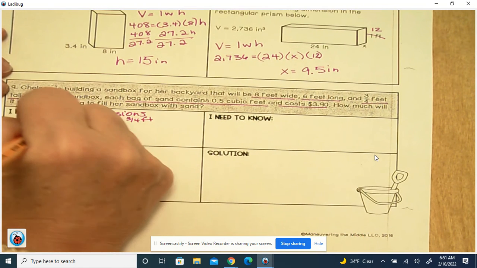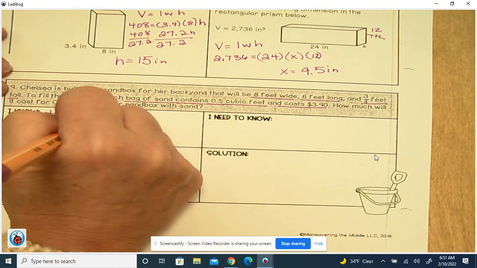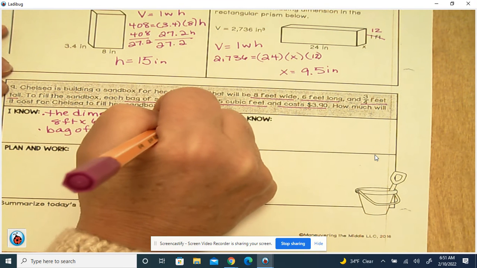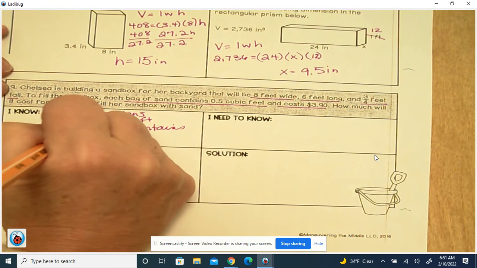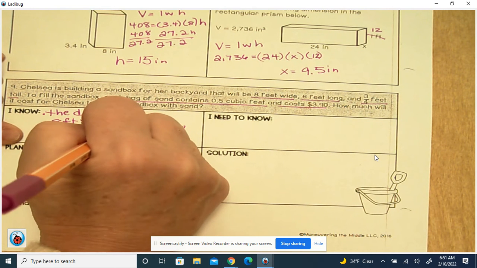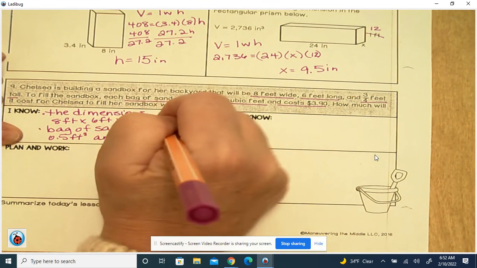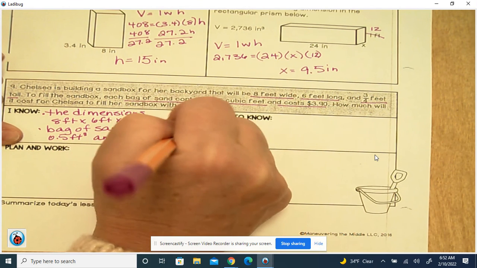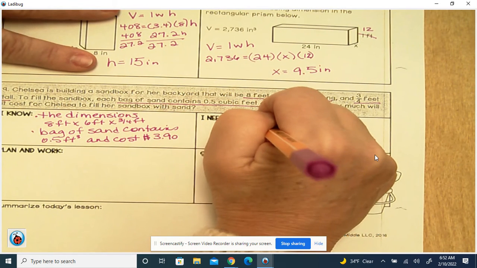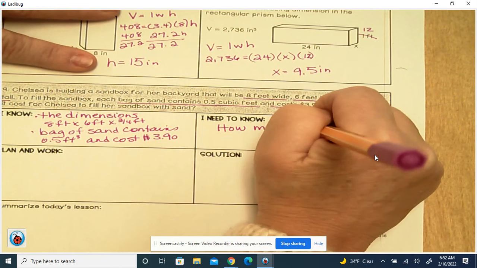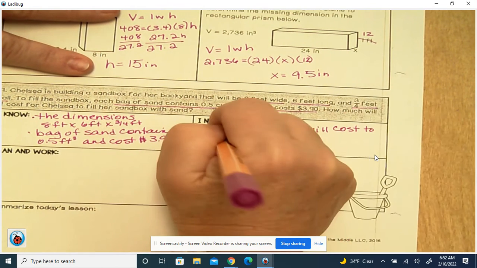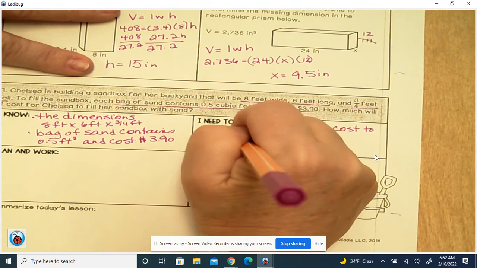And then we know a bag of sand contains 0.5 cubic feet and costs $3.90. What we need to know is how much it will cost to fill the sandbox.